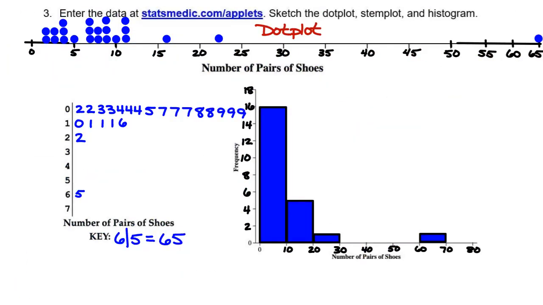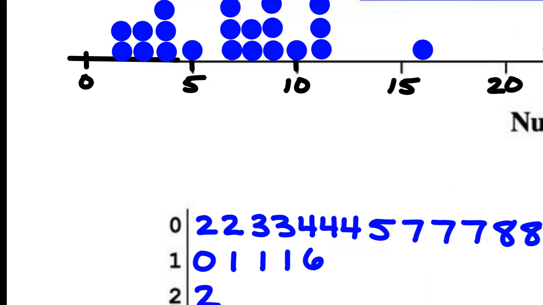Notice they've labeled the horizontal axis number of pairs of shoes. If a label is not provided or you are hand making the entire graph, you do need to provide a label for that. Notice all of ours have labels. On my stem plot, this is called a stem plot or a stem and leaf plot.